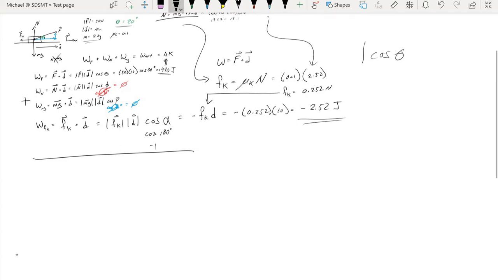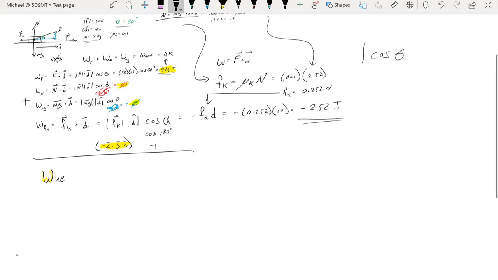Okay, so we have work done by the friction force of negative 2.52, and that will have to be combined with all the other work done in the system by all the other forces.